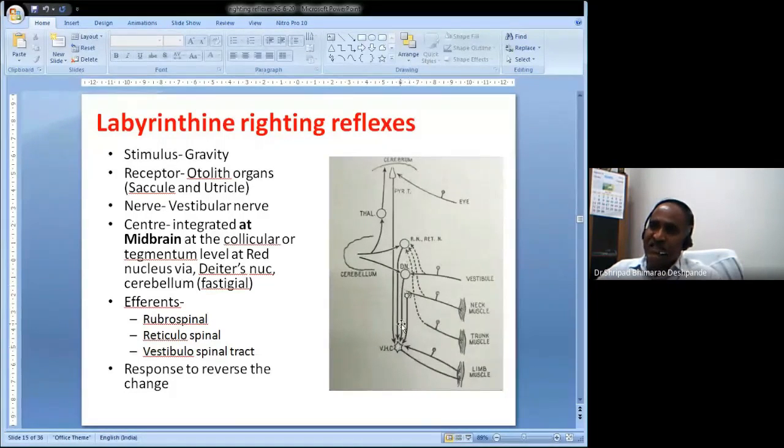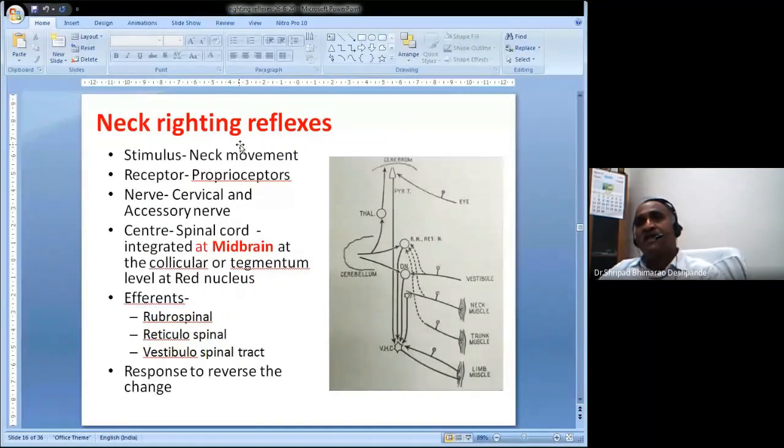All these will descend and produce a response on the muscles, through alpha motor neurons and gamma motor neurons. The response is to reverse the change. Suppose there is a tilt, and this tilt has to be brought back. That is the labyrinthine righting reflex. The tilt is brought about by the activation of gravity. So the next component is the neck righting reflex.